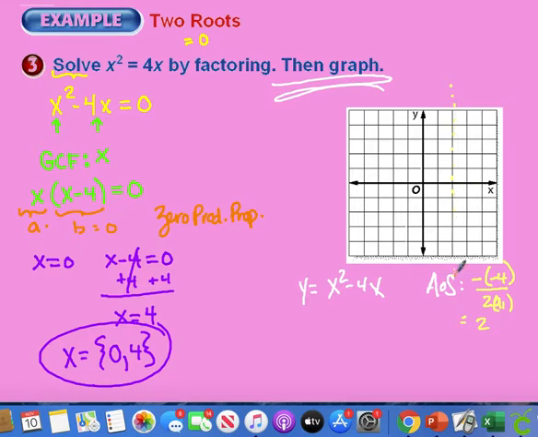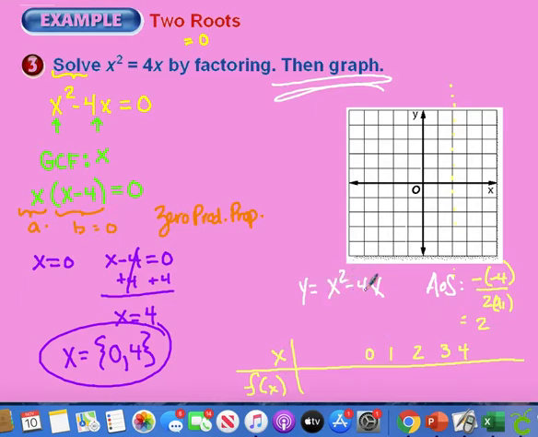I'm going to put that in there. Since I'm running out of room, I'm going to make my table of values go horizontal, where I'm looking for 2, and I'm going to go 2 to the left and 2 to the right and see if I have to pick any more.